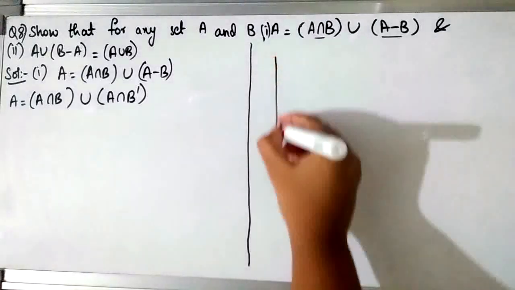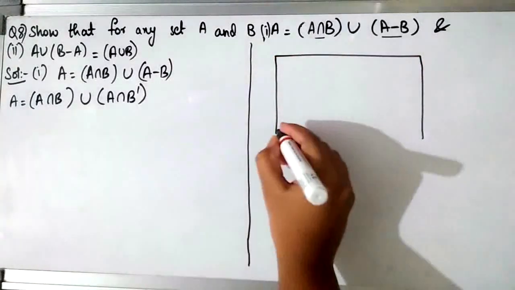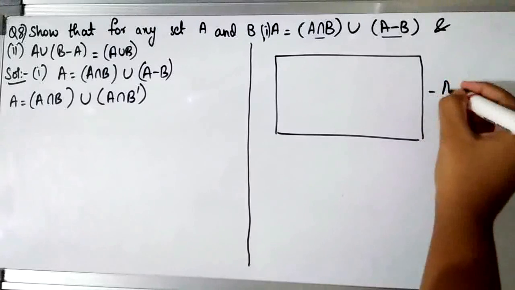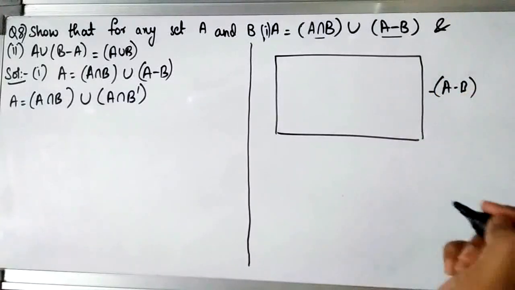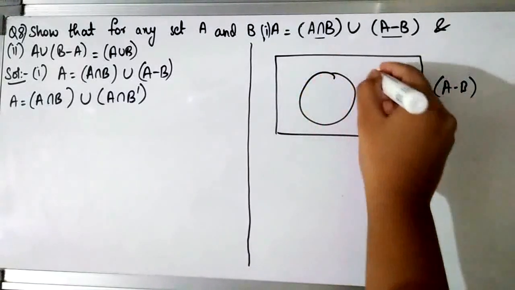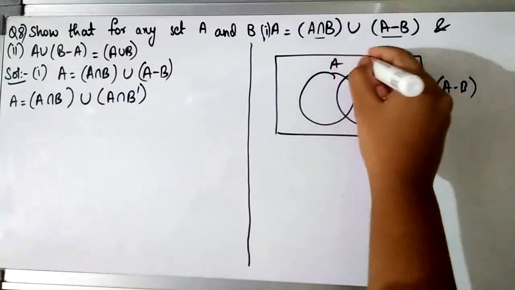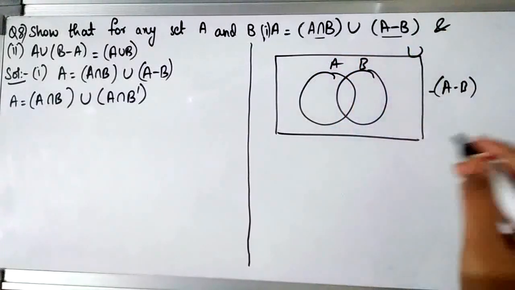Now I'll show you that by Venn diagram. Suppose this is the Venn diagram for A minus B. These are your two sets A and B, and this is the universal set.